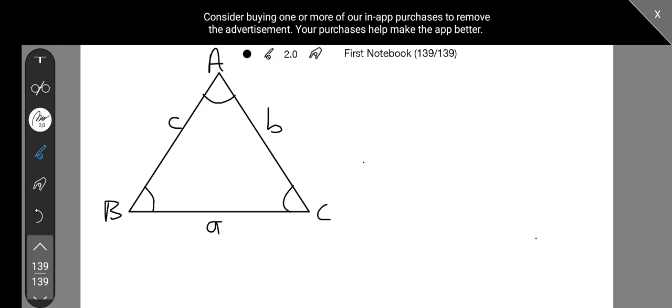So to find the area, if angle A is given, we're going to use the area of the included angle as well as the sides between, the sides in which the angle lies between.